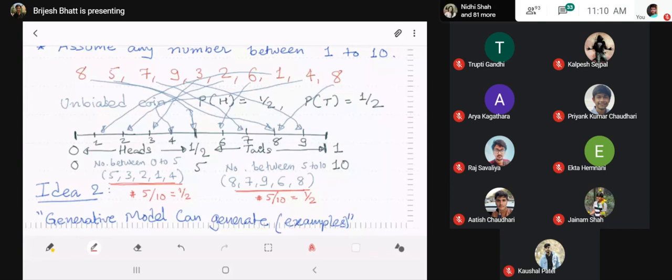Right? Okay. Any questions on this? Does this make sense? So we started with known probability values. So these values were known to us. So the model or distribution is known.